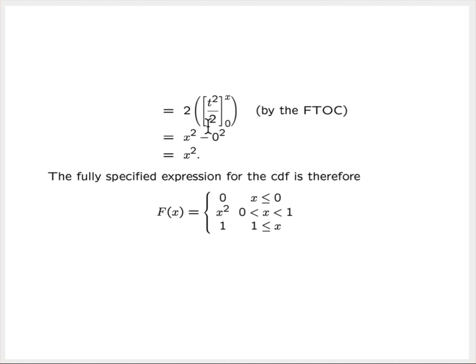So t squared over 2, we have to evaluate that at x, the upper endpoint of integration, and 0, the lower endpoint of integration. I've pulled the 1/2 out, so I have 2 times 1/2, which is going to be 1. I've combined a few steps there, but I'm sure you can follow along with that. And then finally, we get x squared minus 0 squared, or x squared.